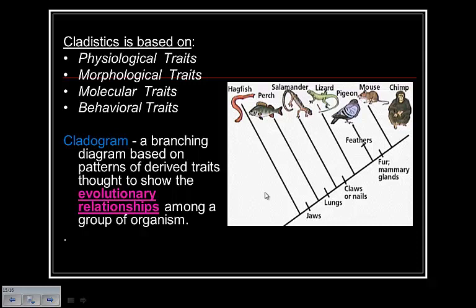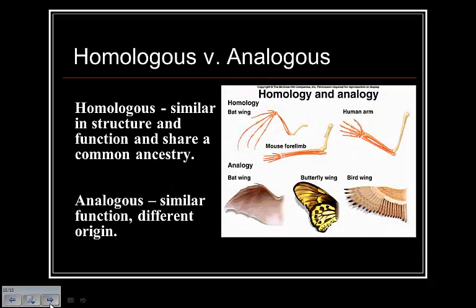This is what it looks like. It's a branching diagram, and that's based on these patterns of derived traits. So it's thought to show some sort of evolutionary relationship among organisms. You look at it and go, okay, the hagfish is a jawless fish, but then we have jaws, and so everything after here has jaws. Everything after here has lungs. So it's just a means of trying to make some sort of explanation.